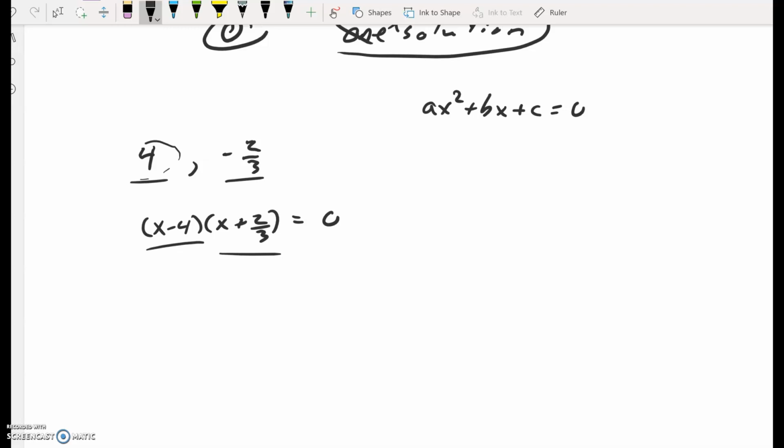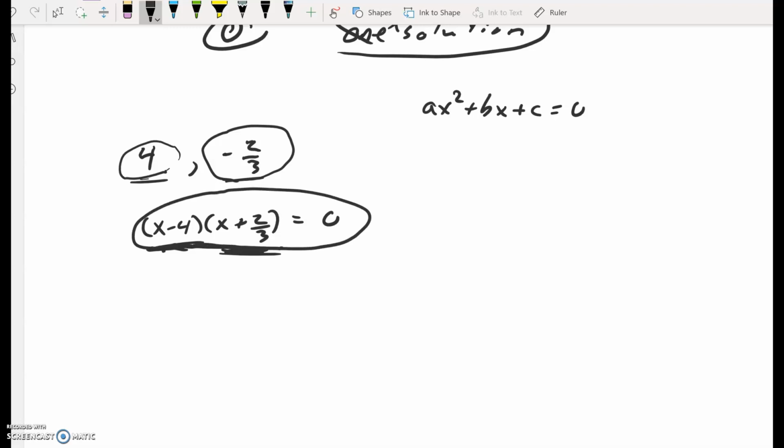If x is 4, this will be 0, and 0 times anything is 0, and we win. If x is negative 2/3, then this factor will be 0, and 0 times something is 0, and we win. So far, we've got an equation that works, but we want it to be in this form.